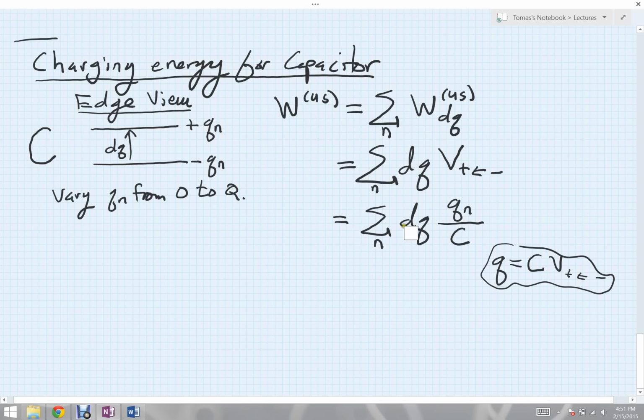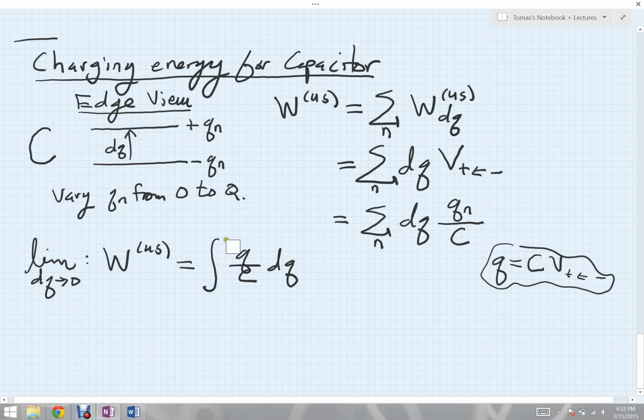At the end of the day, I want to take this limiting process where the dq's become very small, and in the limit, as I do this process with many, many very tiny dq's, the total work that we are putting into this system has to be equal to an integral. With q as my integration variable, it is q divided by C times dq.